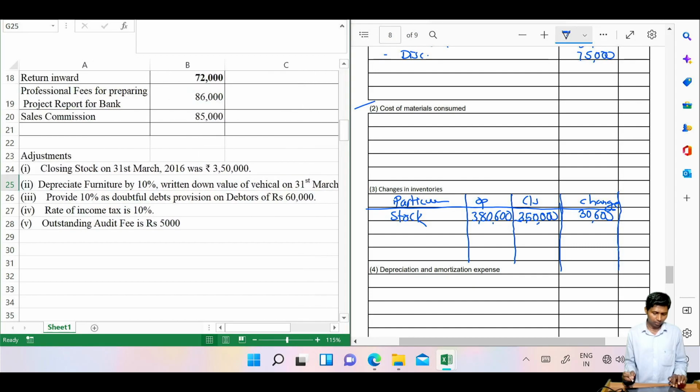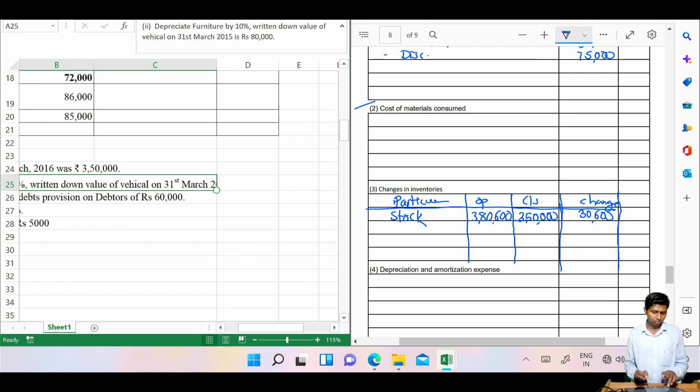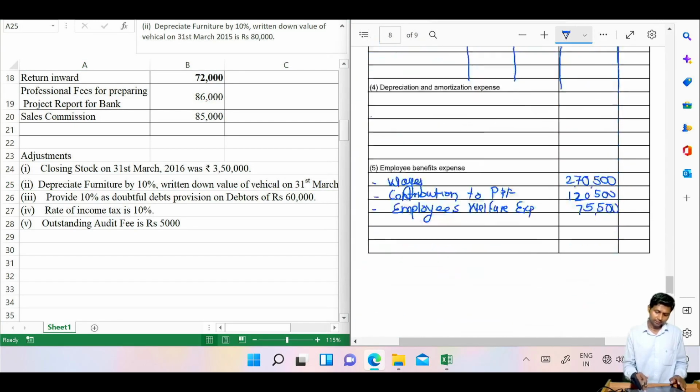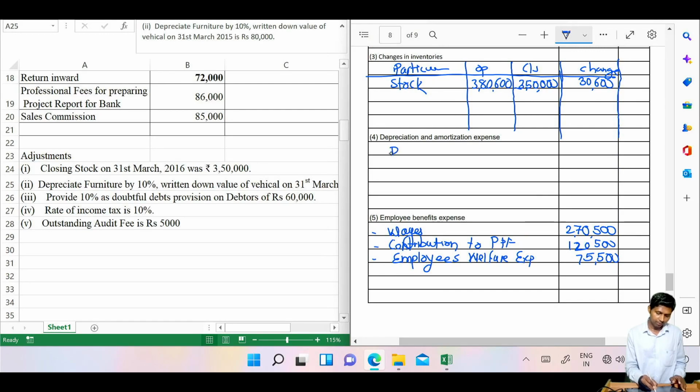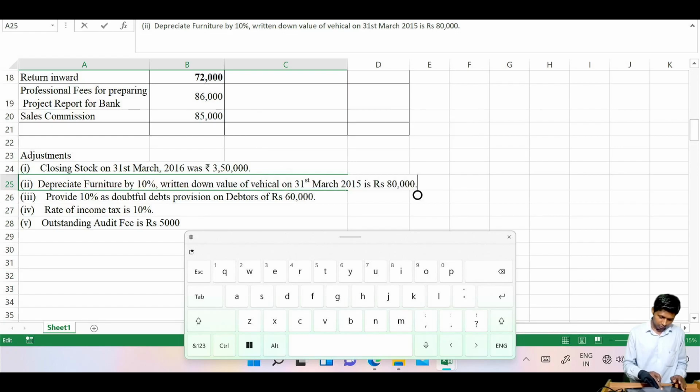Written down value of furniture. Depreciate furniture 10%, and written down value of furniture as on 31st March 2015 is given as 80,000, that is the opening WDV. Depreciation is 10%.